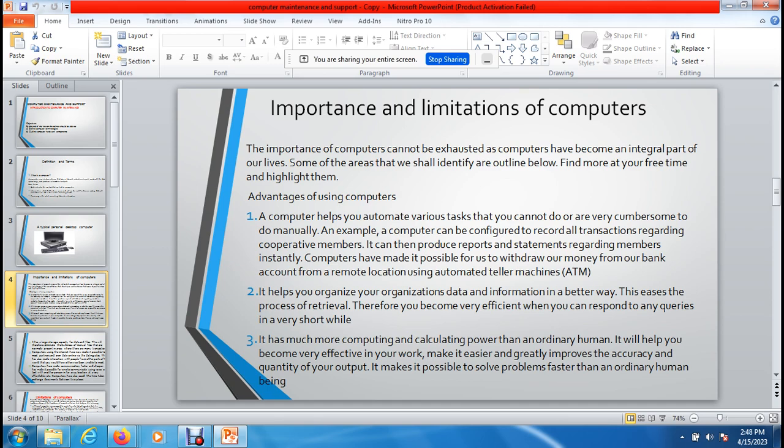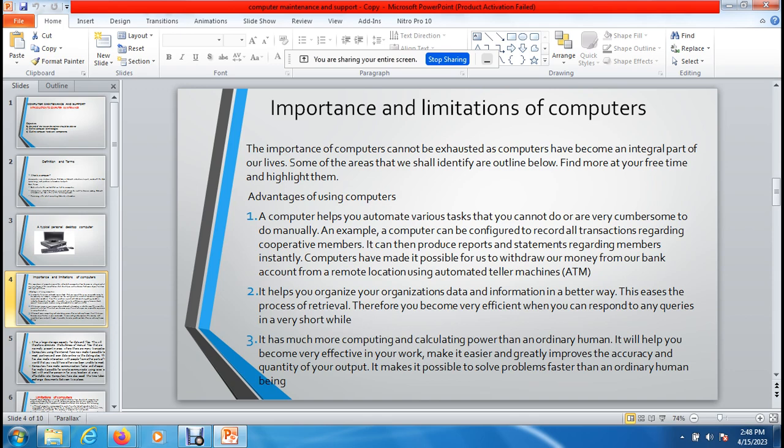An example: a computer can be configured to record all transactions regarding cooperative members. It can then produce reports and statements regarding members instantly. So computers have made it possible for users to withdraw money from their bank accounts from a remote location using automated teller machines, also known as ATM.